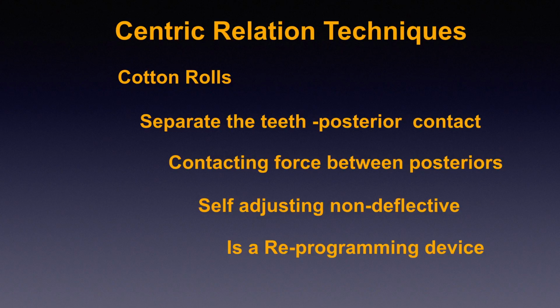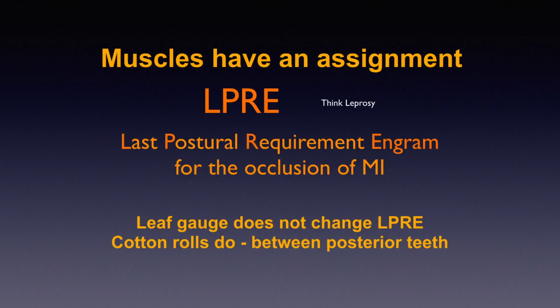Reprogramming appears to occur much more rapidly than deprogramming. Another way to understand this difference is to think in terms of LPRE, the last postural requirement engram for the occlusion. The leaf gauge does not immediately change this because it's between the anterior teeth.